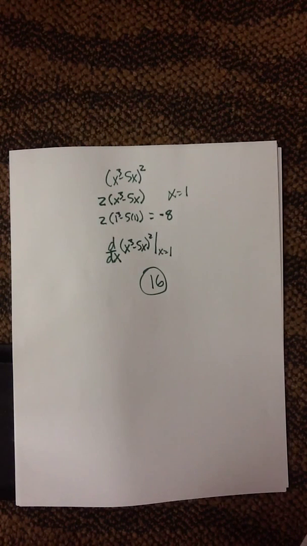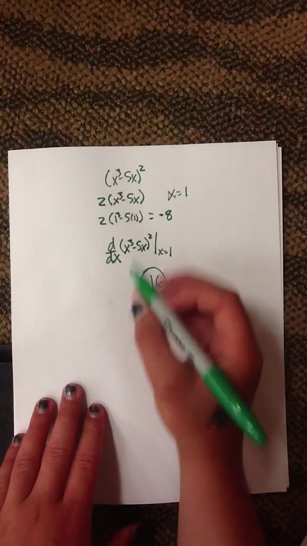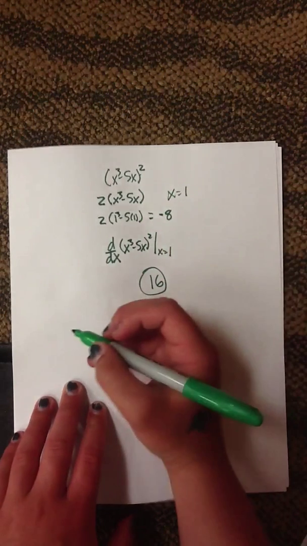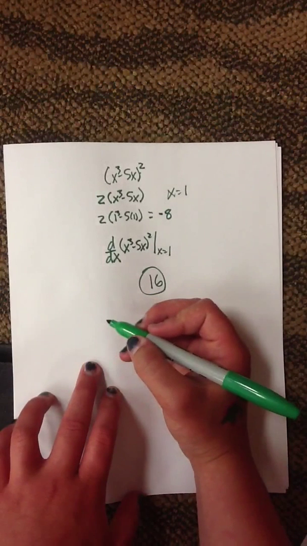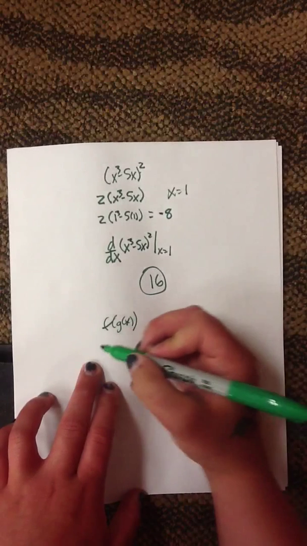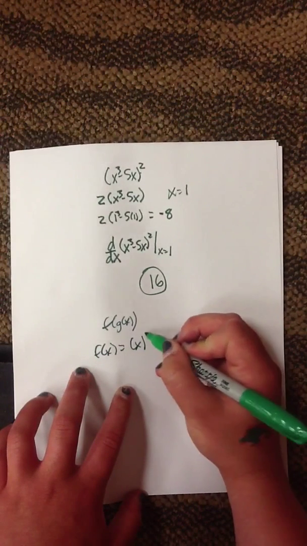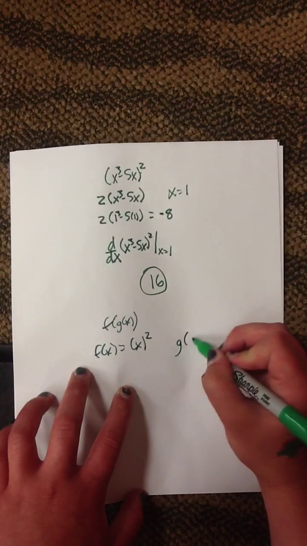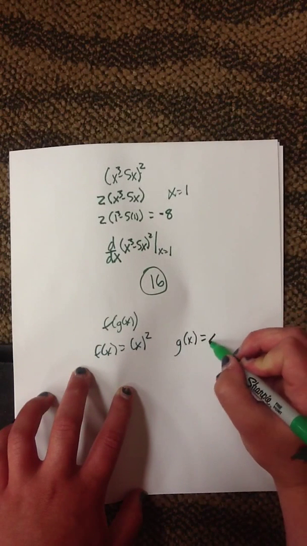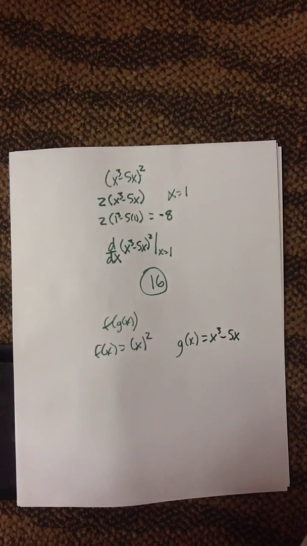So, we can define this as a composition of two different functions, f of g of x, where f of x equals x squared and g of x equals x cubed minus 5x.